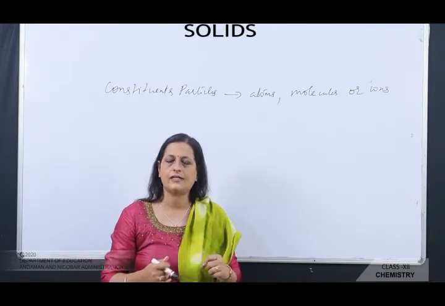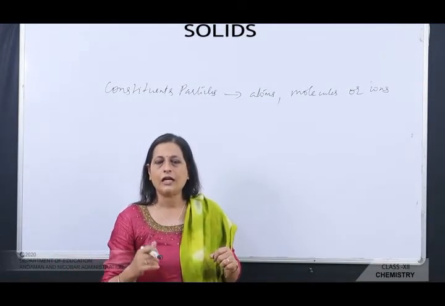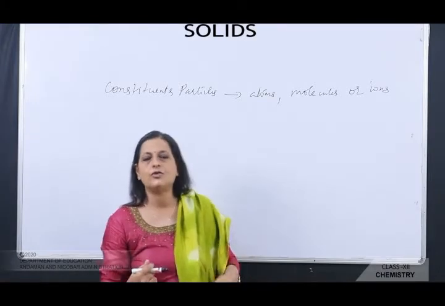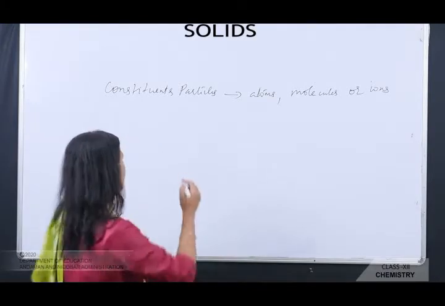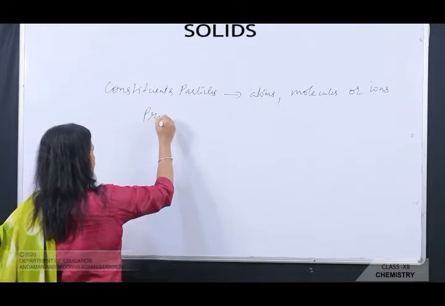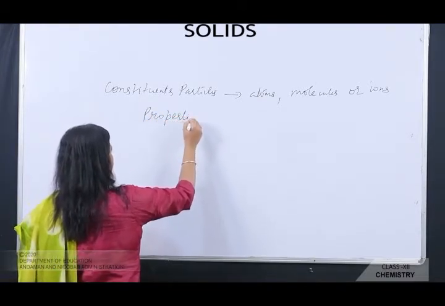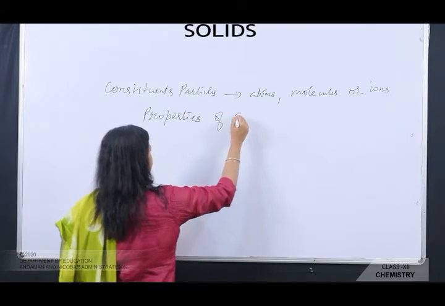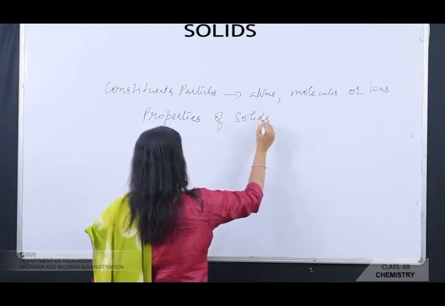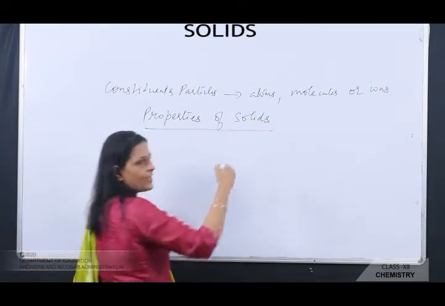In case of solids, the constituent particles are very closely packed, which gives rise to different properties for solids. So we'll see the properties of solids. Now what is the first property? I'll be writing and I'll be explaining also.